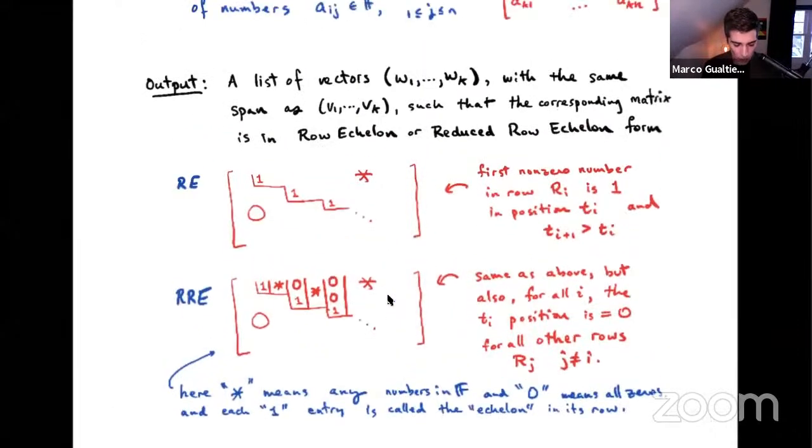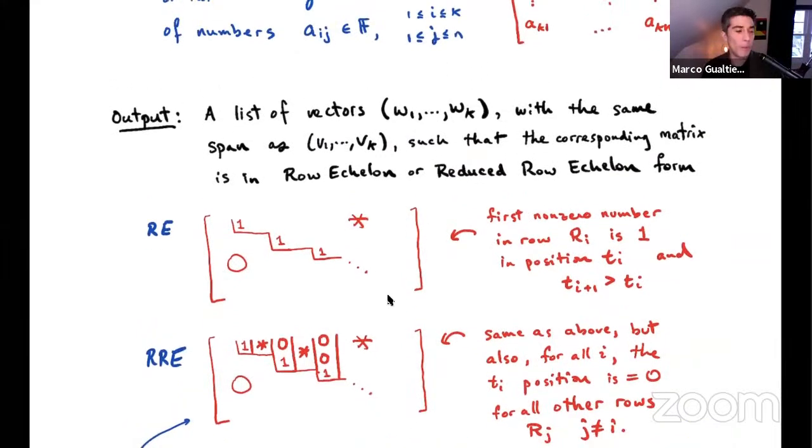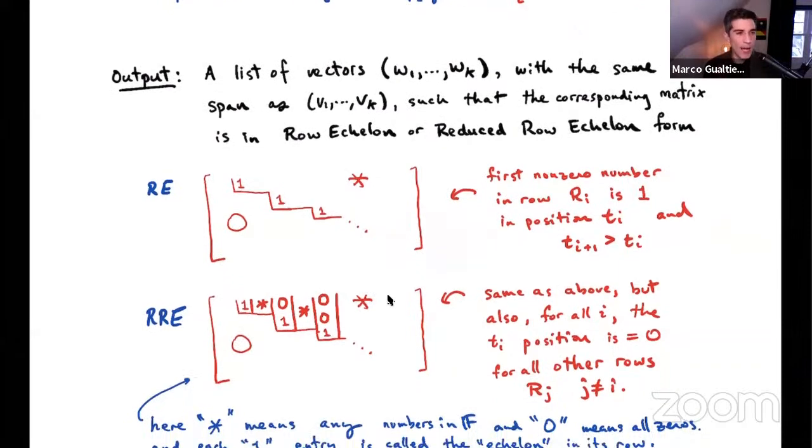Now the output. The output is another list of vectors, so the output will be another matrix. The input and the output have the same format. But the output is highly constrained. It has to have the same span, so it will define the same subspace, but the rows of the matrix will look a lot simpler.